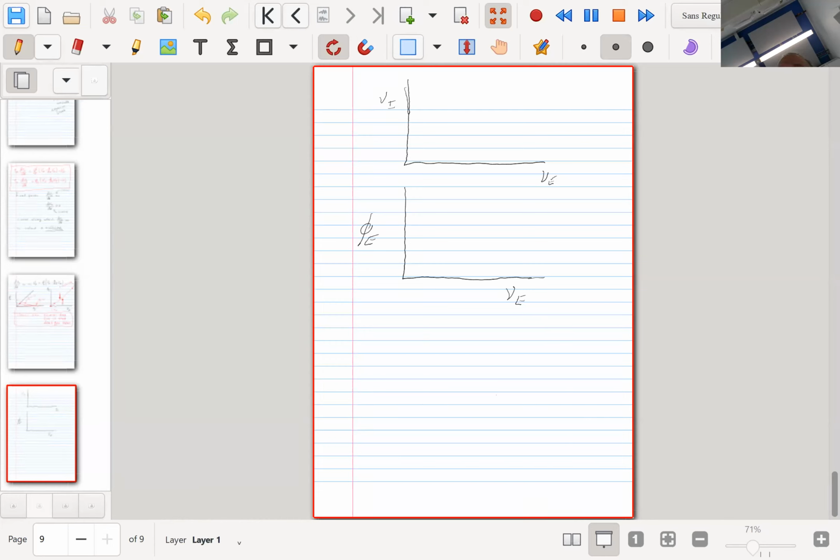This is our 45-degree line. This is nu E equals nu E. And now what we're going to do is plot different values of phi E.